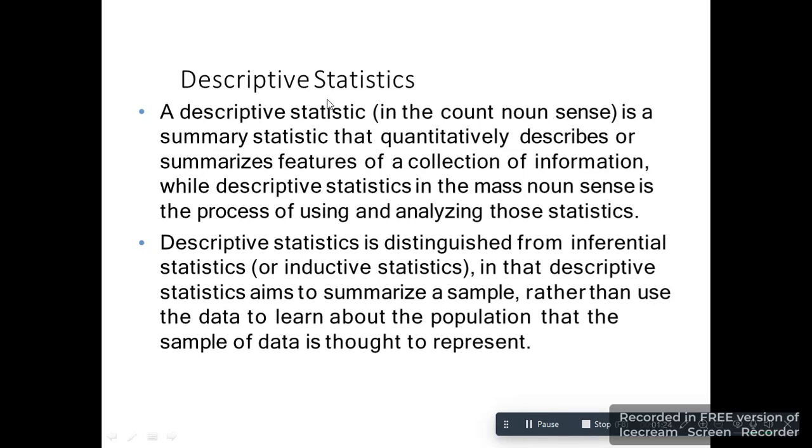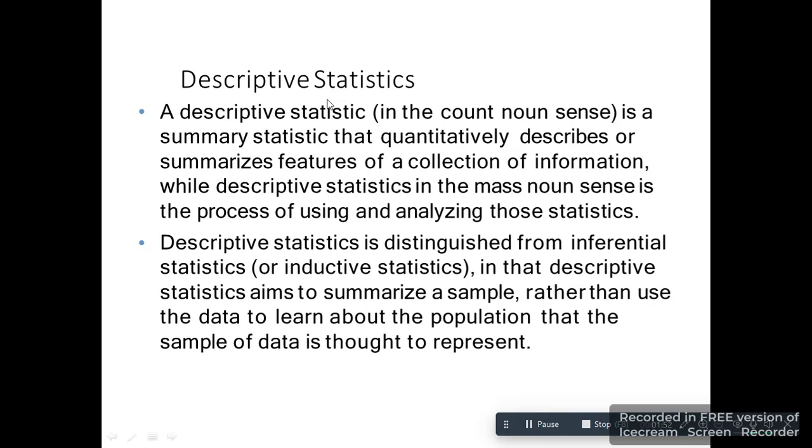Okay, so these descriptive statistics are broken down into measures of central tendency and measures of variability. Variability means what? Spread. Okay, so descriptive statistics is distinguished from inferential statistics, or inductive statistics, in that descriptive statistics aim to summarize a sample.